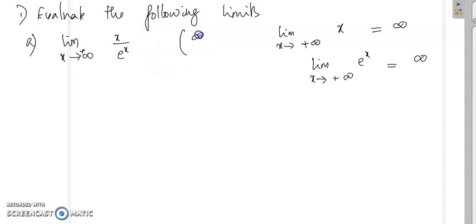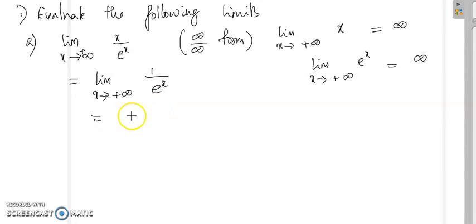So this is an infinity by infinity form. So by L'Hospital rule, this will be limit x tends to plus infinity, take the derivative of numerator and denominator, so you will get 1 by e raised to x. So 1 by e raised to infinity is 1 by infinity, and 1 by infinity is 0. So that is the value of the limit.